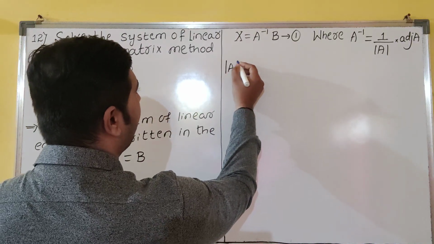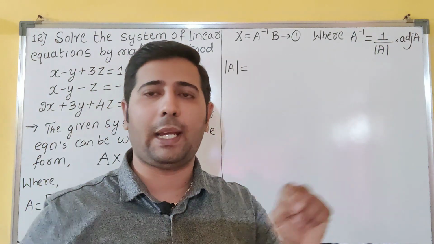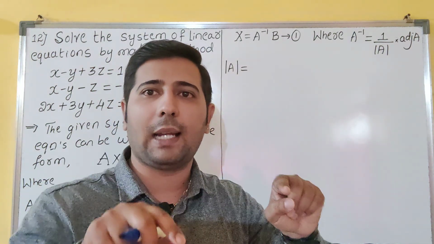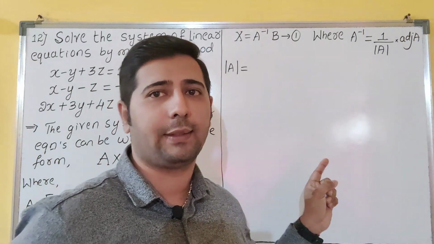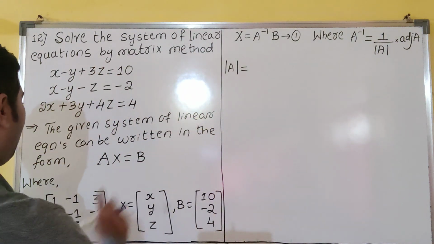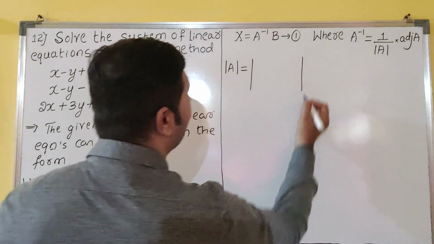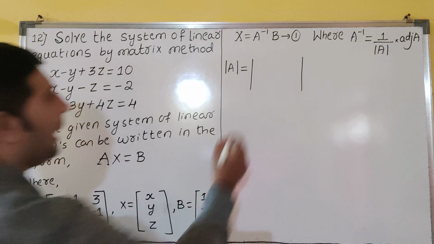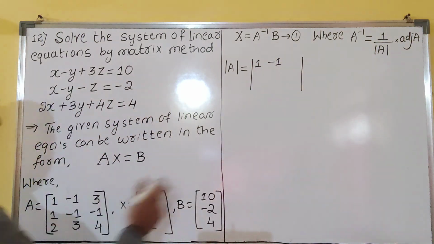Determinant A will be represented by parallel lines. It looks like a modulus only, but actually it is not a modulus. Got it? So what is your A? You can see, A I will write. A is 1, minus 1 and 3.